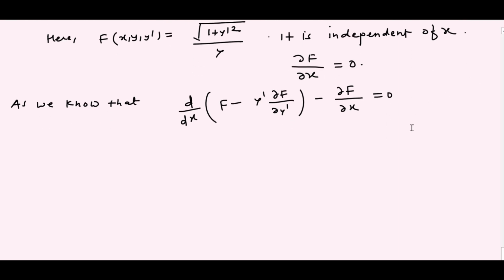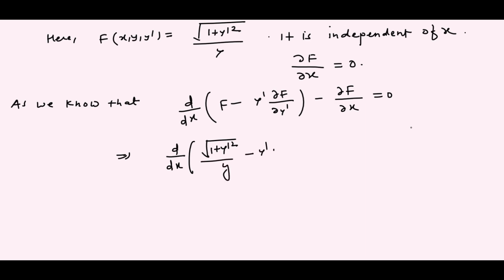So here you can see del f over del x becomes 0. So by solving d over dx, substitute the f, that is square root of 1 plus y dash whole square over y negative y dash.